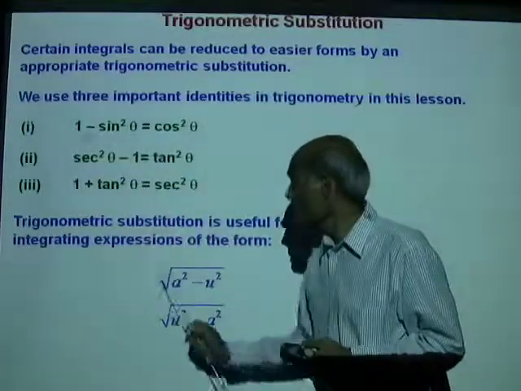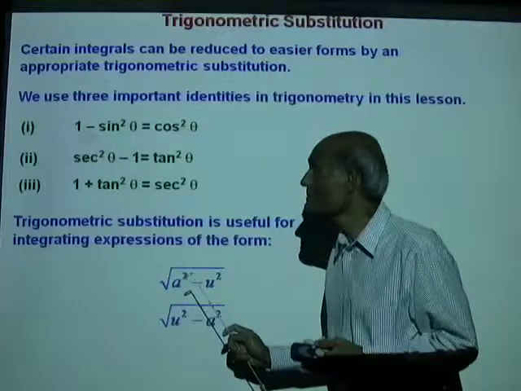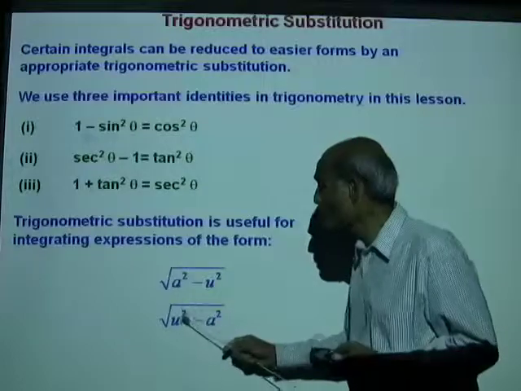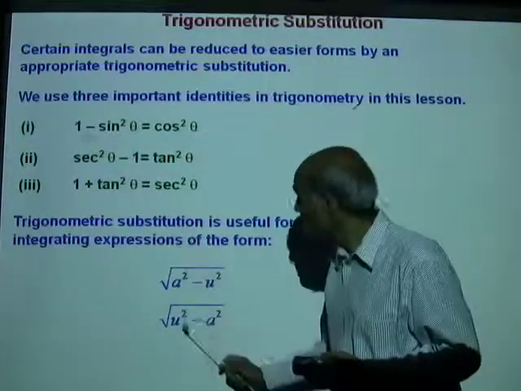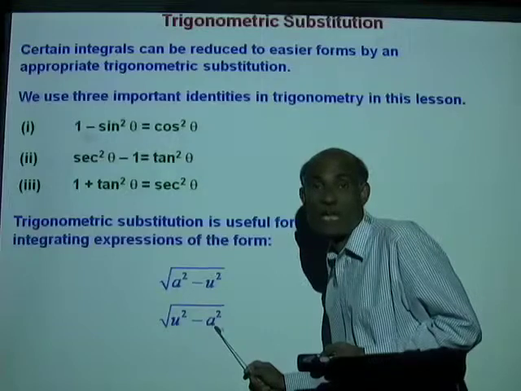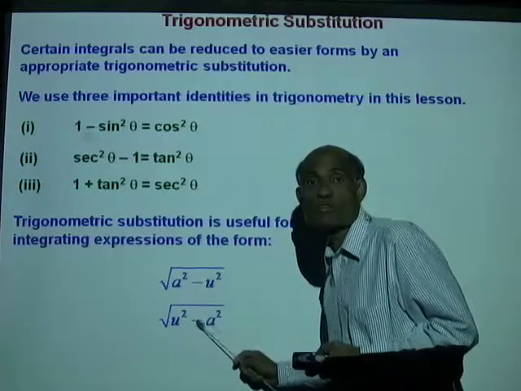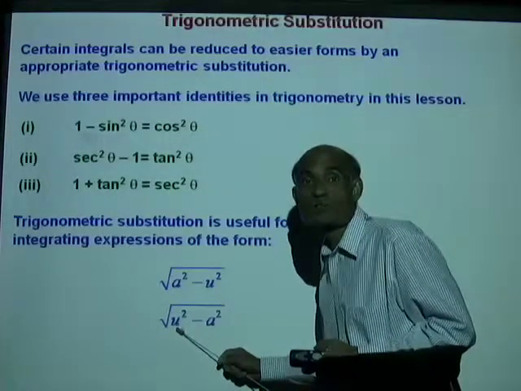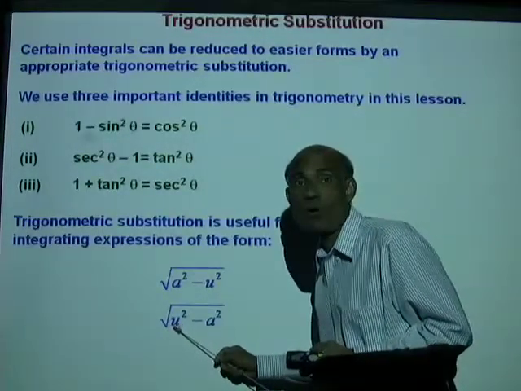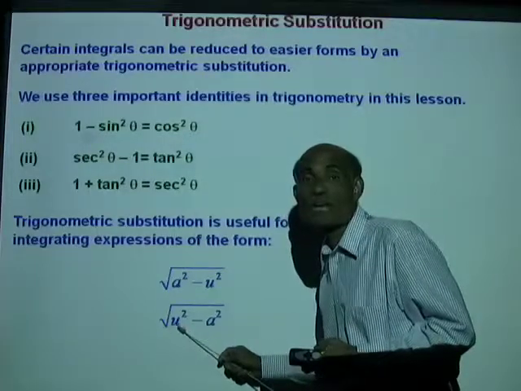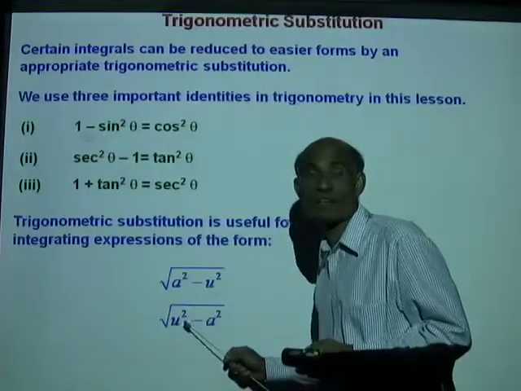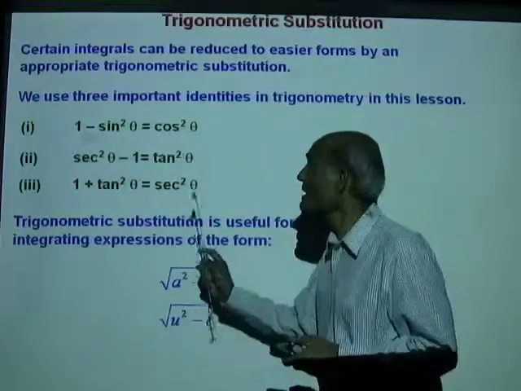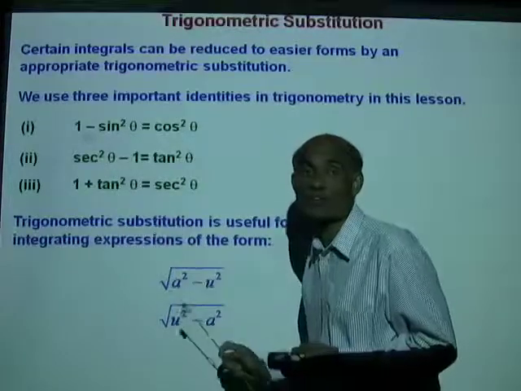It must be u equal to a secant theta. If u equal to a secant theta, then you have u squared equal to a squared secant squared theta. And you can factor out that a squared, and you can come up with something like this.